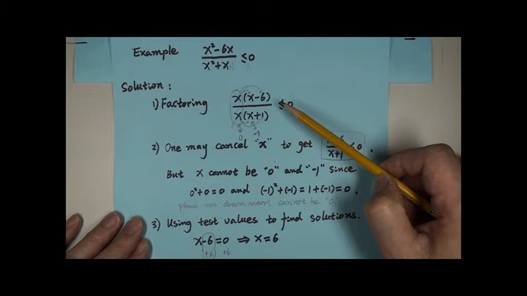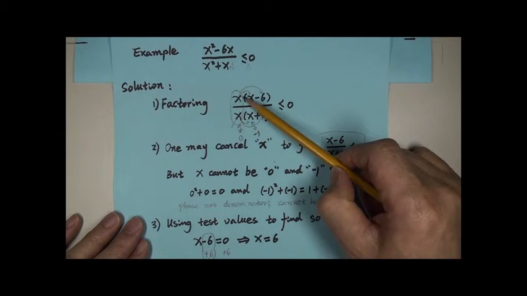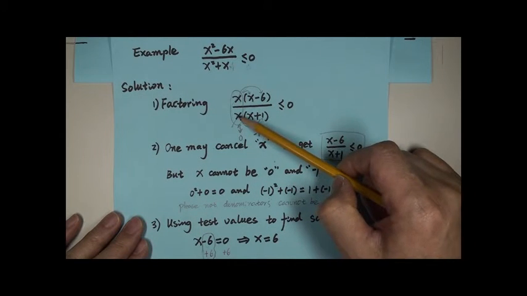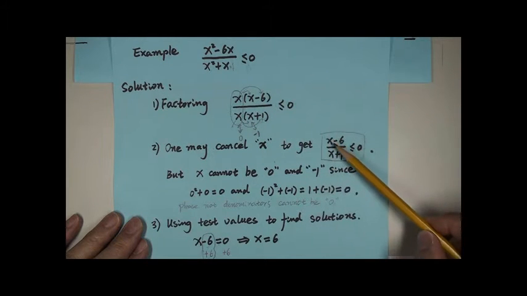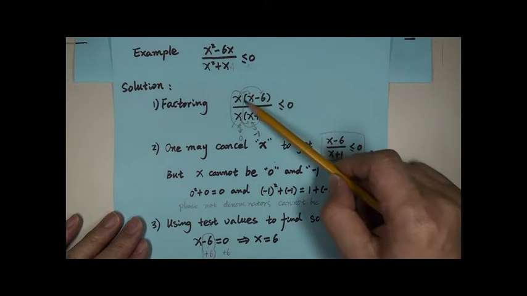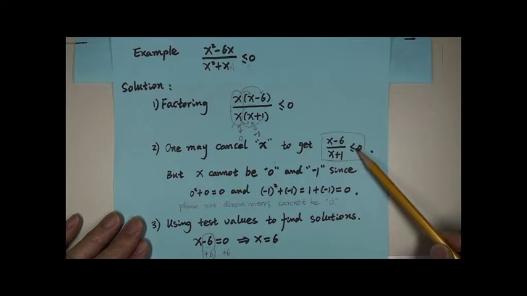Now, up to this point, you can cancel this x. If you cancel it, it's left as x minus 6 for the numerator, x plus 1 for the denominator, still less than or equal to 0.